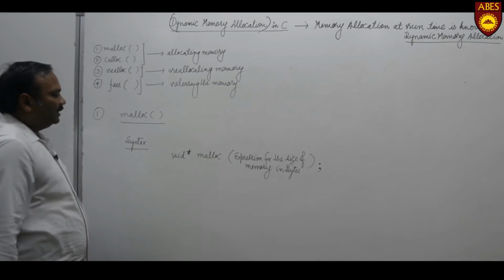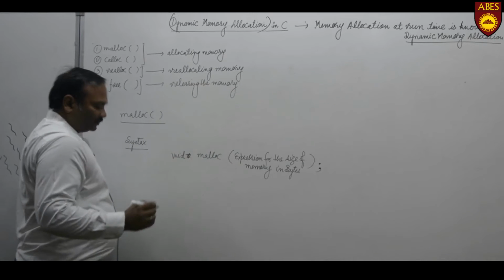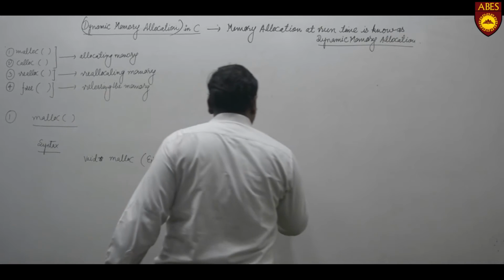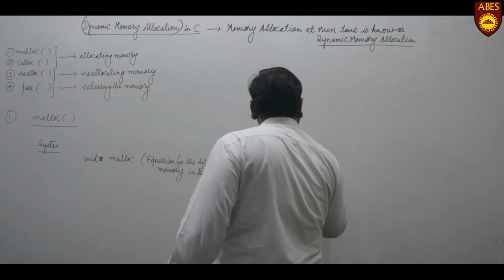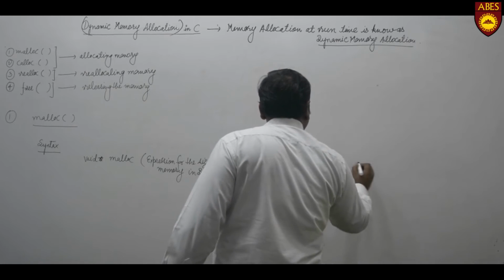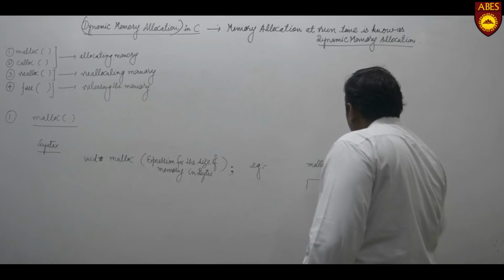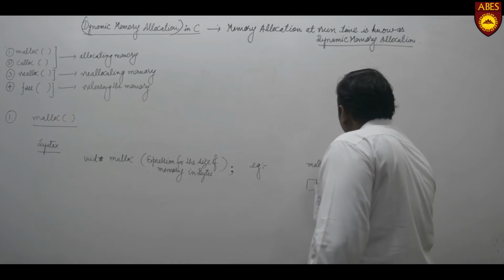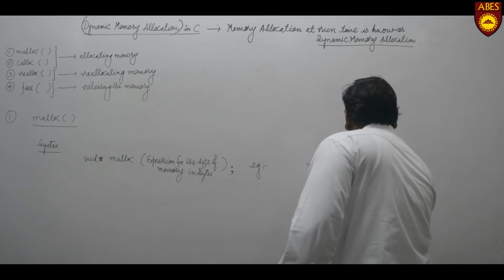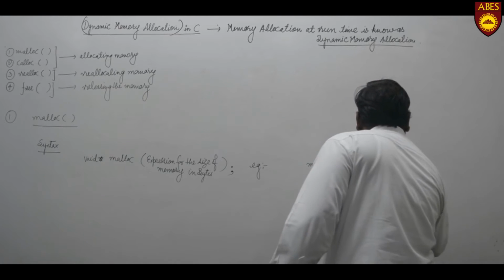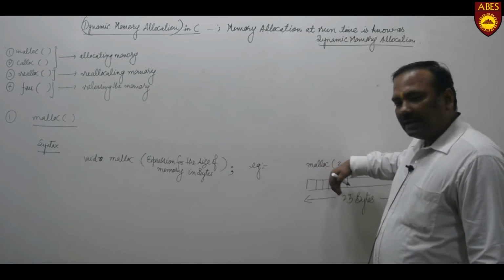Then why is it in the form of a void pointer? Suppose we write malloc(25). It means malloc will allocate, if possible, 25 bytes of memory in contiguous fashion, and all the memory locations are adjacent to each other.